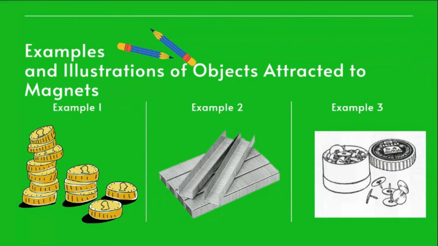Example 2 is yung bala ng stapler ninyo or staple wires kasi they are made up of metals. Example 3 is yung thumbtacks. Sure na nakakita na kayo niyan. Maybe nung face-to-face sa inyong mga bulletin boards, mga thumbtacks, they are attracted to magnets.